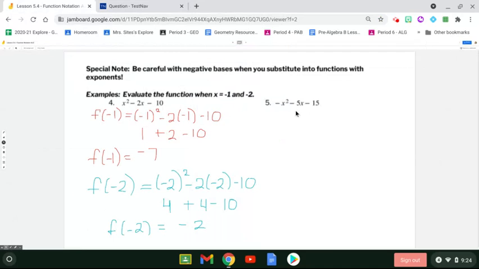All right, let's try this one. I want you guys to put in your notes that this is g of x is equal to -x squared minus 5x minus 15. We're going to evaluate this g of x for when x is equal to -1 again. So g of -1. We're going to substitute in -1 anywhere we see the x in the problem, and we're going to be really, really careful with the exponents.